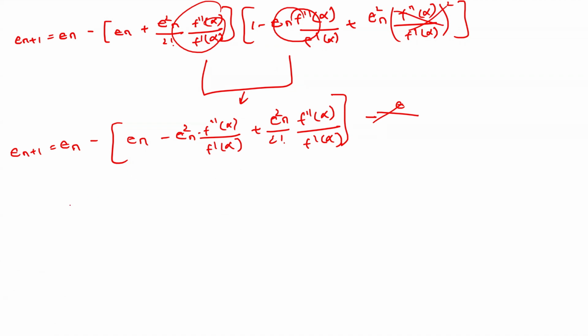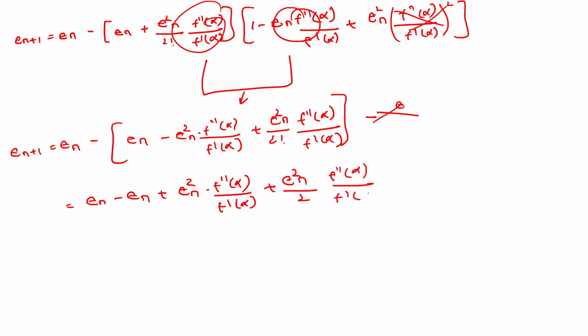So en plus 1 is equal to en minus en plus e square n into f double dash of alpha by f dash of alpha, plus e square n by 2 into f double dash of alpha by f dash of alpha.